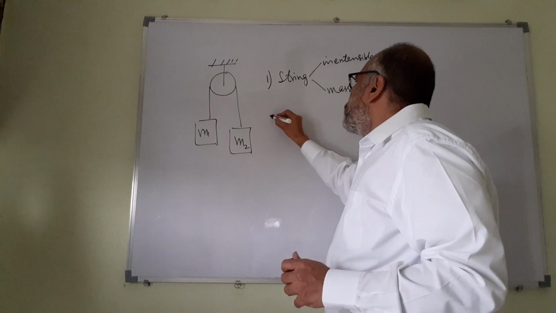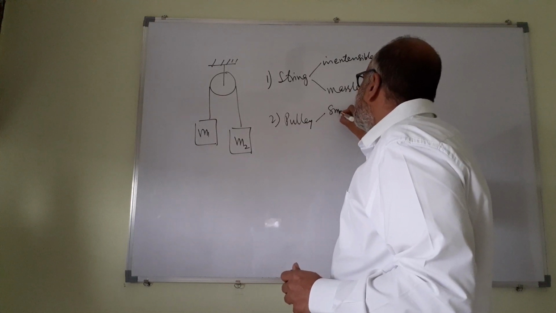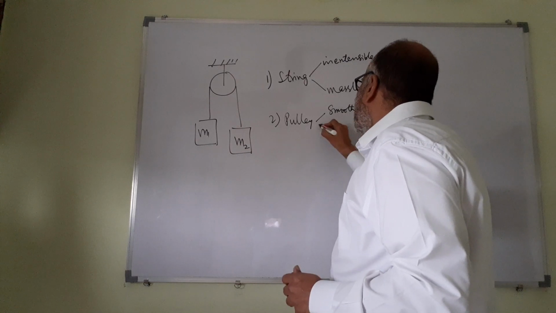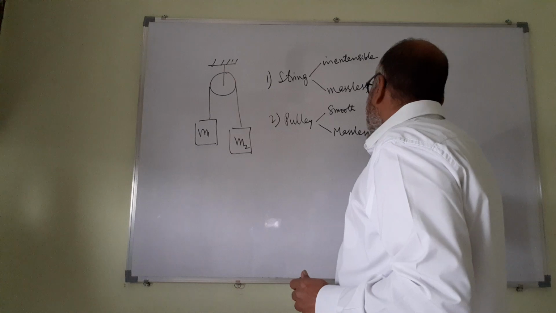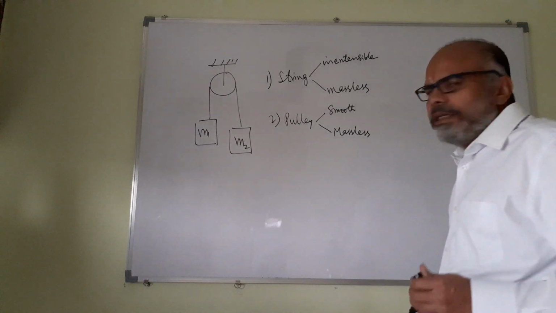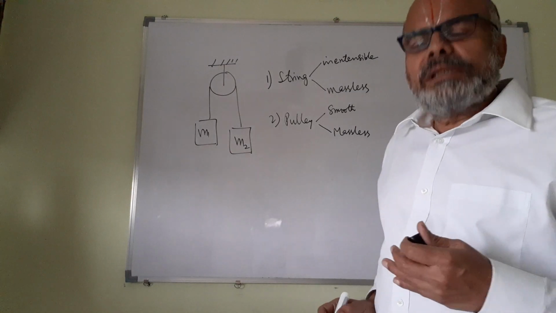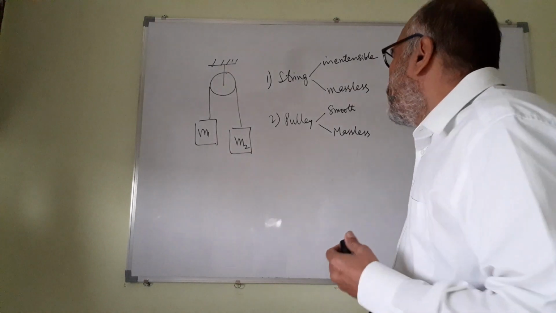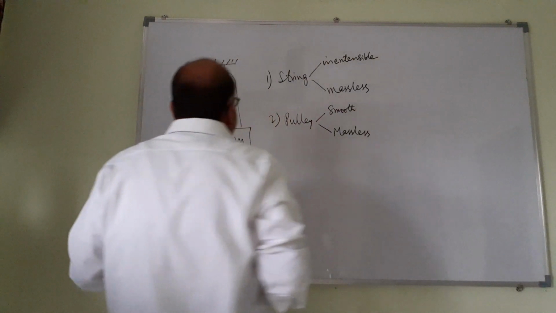And two, the pulley is smooth and it is massless. These are the assumptions. Let us see mathematically how these assumptions affect us.